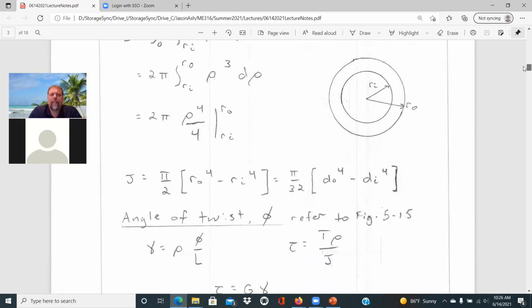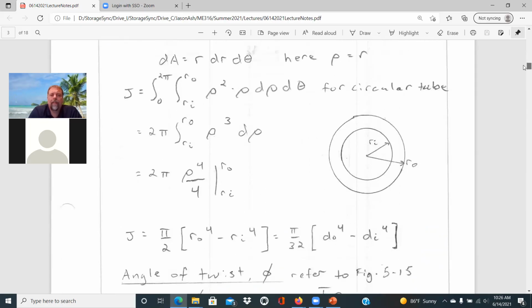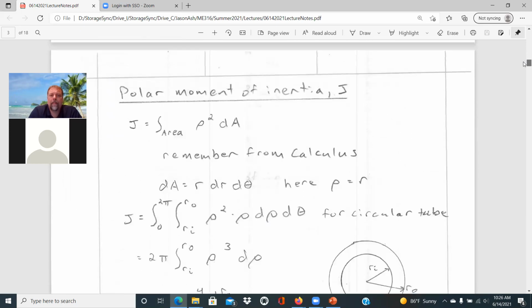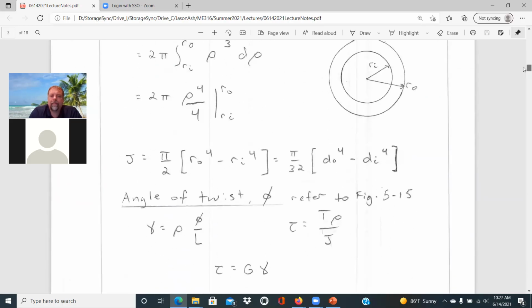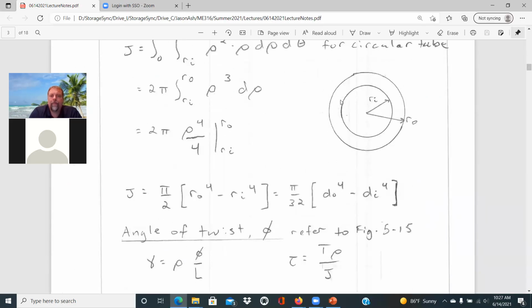All right, and so this is kind of where I want to discuss this a little bit. We see that the shear stress is a function of the torque that's applied times the radial position divided by J. And so J is going to increase as you move material further and further away from the center point of that rotation.